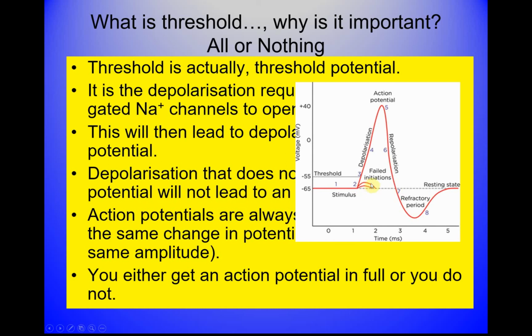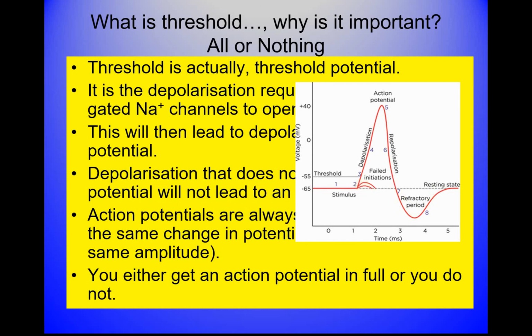Here we had a slightly different, bigger one, but again didn't reach threshold, so nothing happened. In the third example, it reached threshold, and then we get our action potential, which is depolarization, repolarization. Now I'll talk to you about refractory period next lesson, and I'll talk to you about hyperpolarization next lesson. Okay, but it's really important that you get this idea of all or nothing.